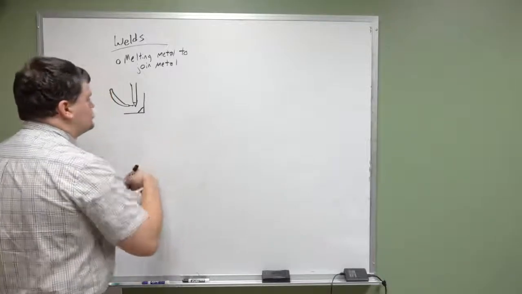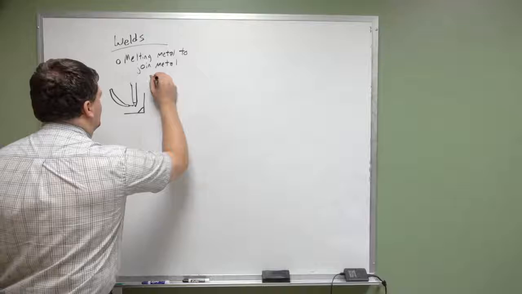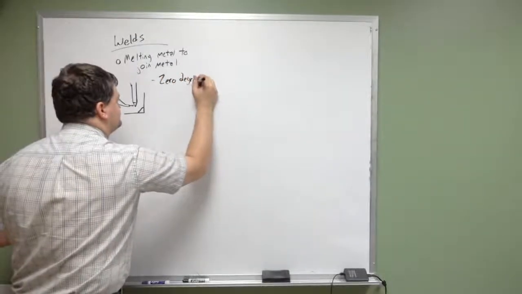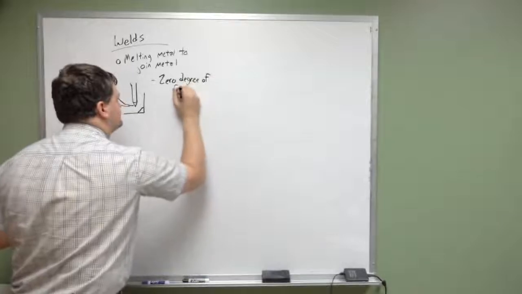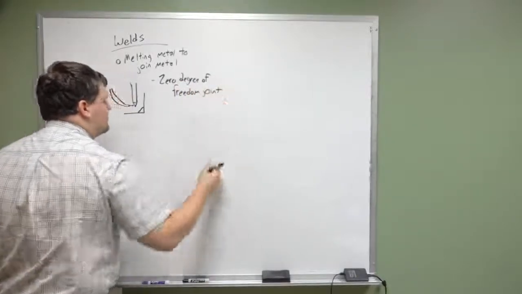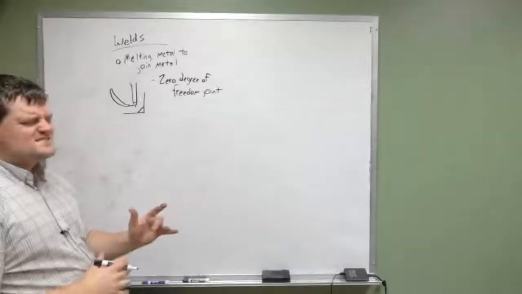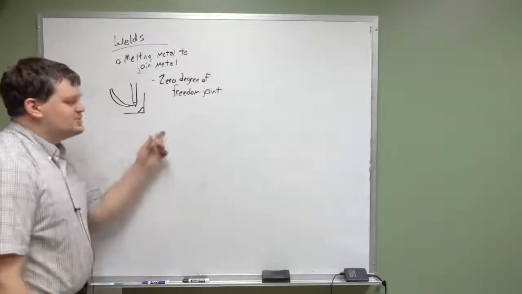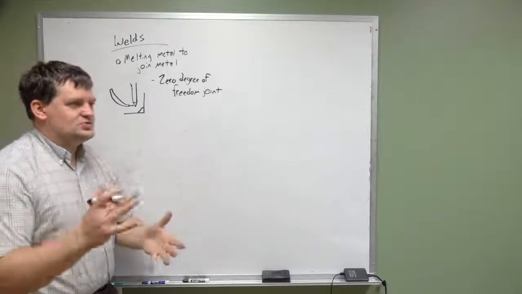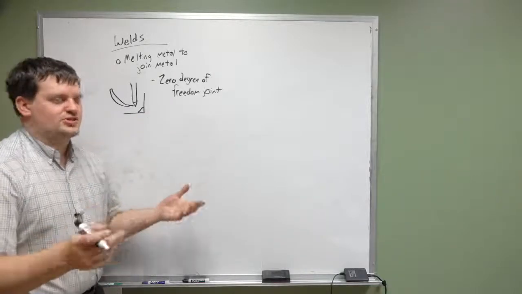If you are trying to create a weld, you're trying to create a 0 degree of freedom joint. The purpose of having a 0 degree of freedom joint is to affix two components to each other, okay?